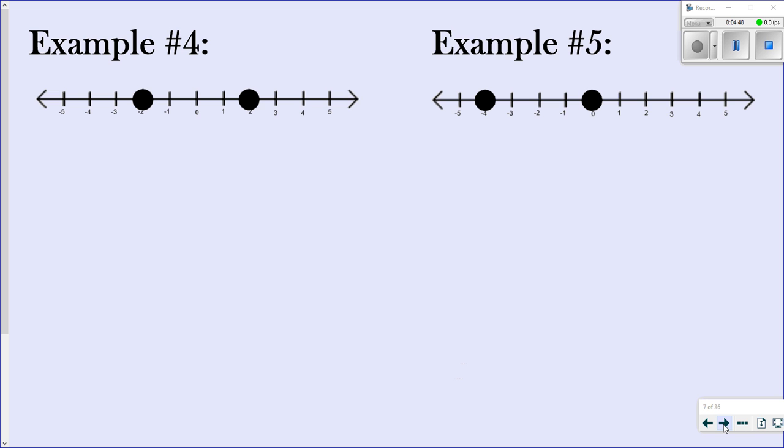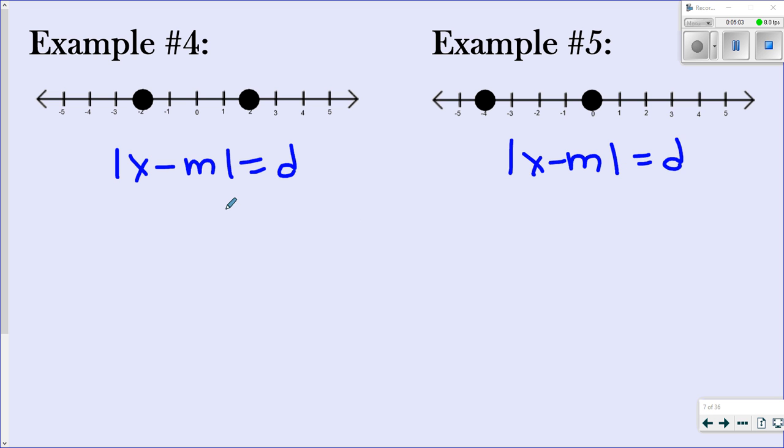we also did examples with a graph where they show the 2 points in the graph, and then we had to write the equation. So we know that it's x minus m equals d, and I'm going to write that for both just to save time. We've got the 2 points. We have to find the middle. We can tell right away that 0 is going to be the middle.